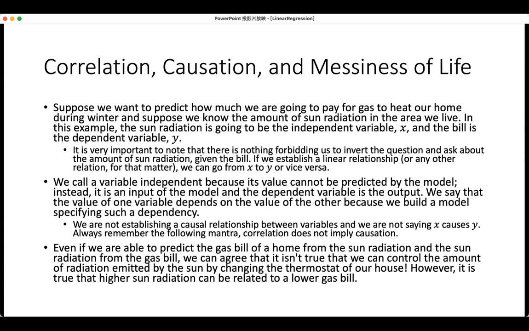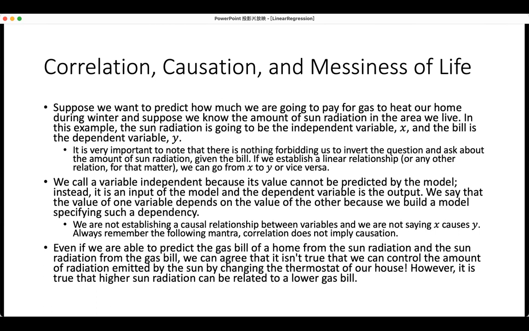Their relationship is not a causation. Take the gas bill and sun radiation as an example. We are able to predict the gas bill of a home from the sun radiation, and also vice versa.